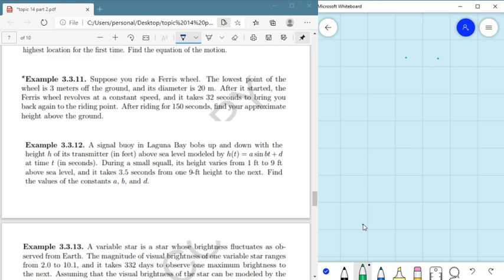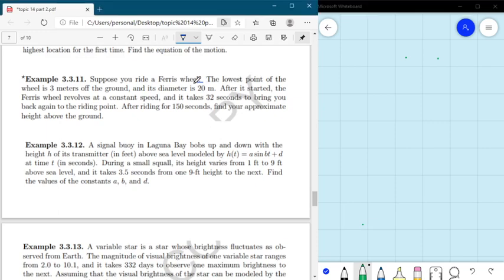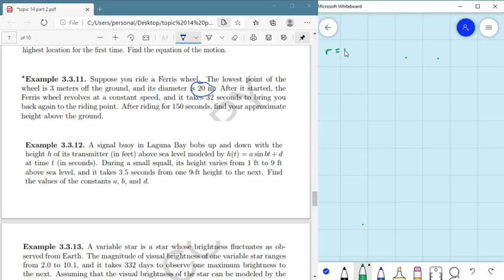So in this part here, since the diameter of the Ferris wheel is 20, the radius is 10. So from the center, we can say that y equals -10 when t is 0. So at the start, your y is -10, right?